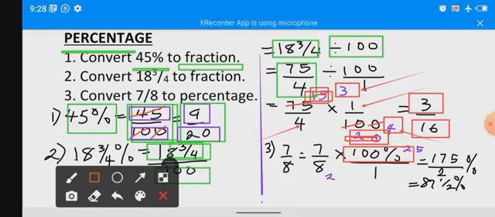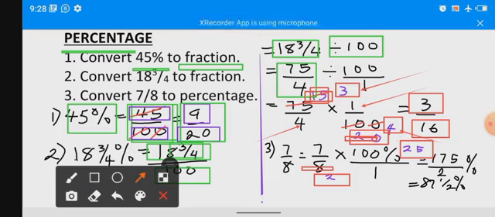Now what follows? You divide. What will divide 8 and 100? 4 will divide 8 to give you 2, and 4 will divide 100 to give you 25. Now nothing will divide again, so you multiply.